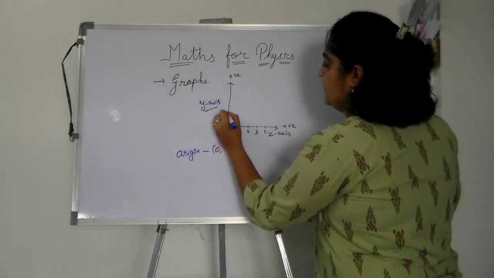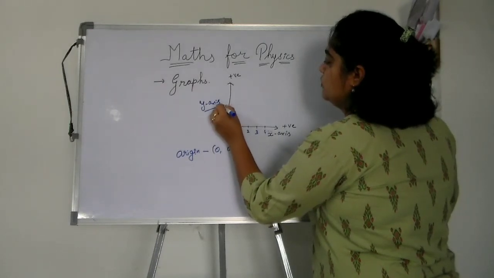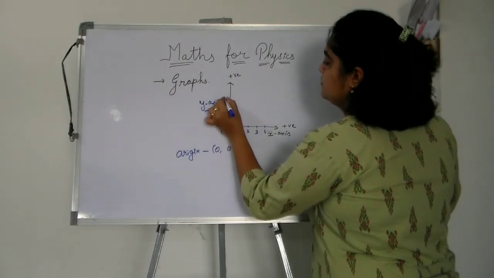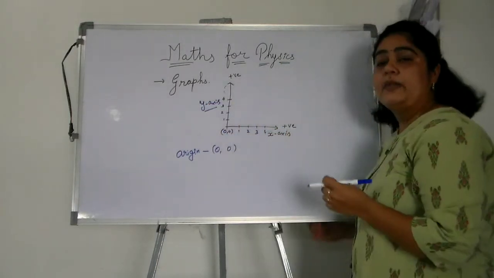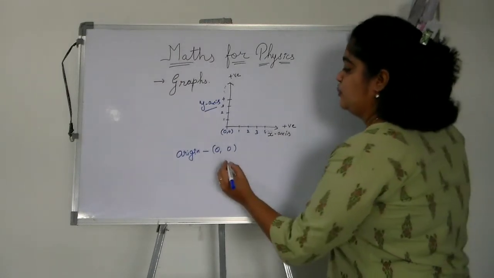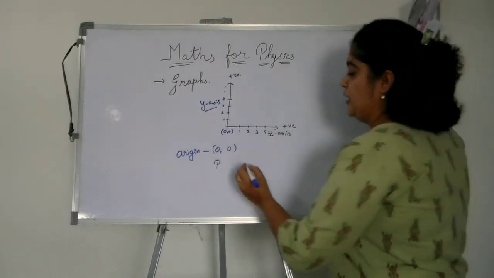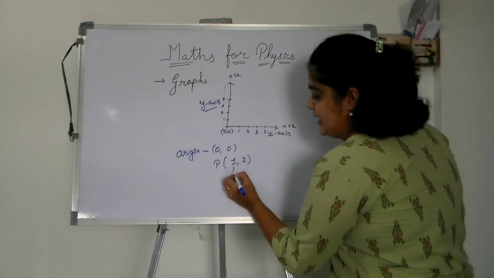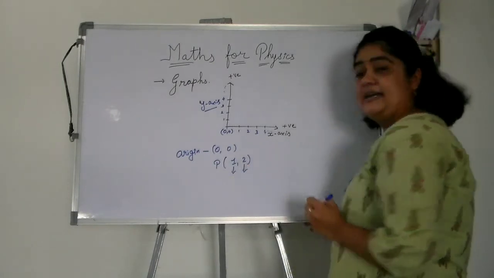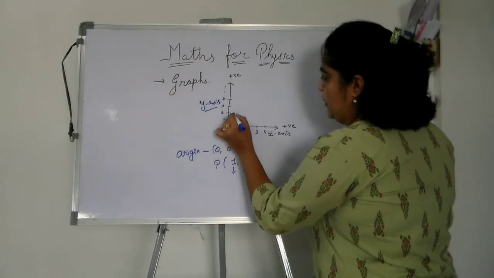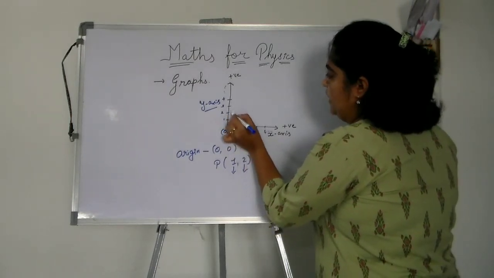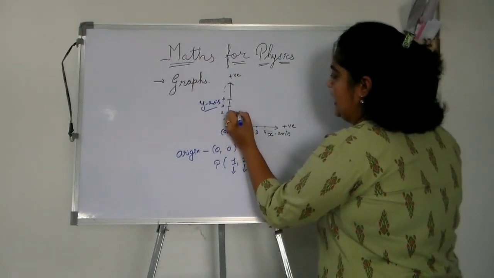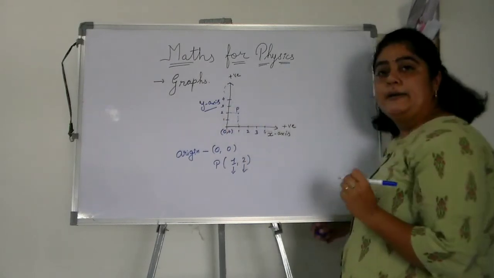Here it is 1, 2, 3, 4 and so on. Now somebody tells you, you are supposed to plot a point P which is at 1, 2. So 1 is the x-axis point, 2 is the y-axis point. So 1, 2. So what do we do? We make a dotted line from 2 on y-axis and 1 on x-axis, and this point becomes my point P.